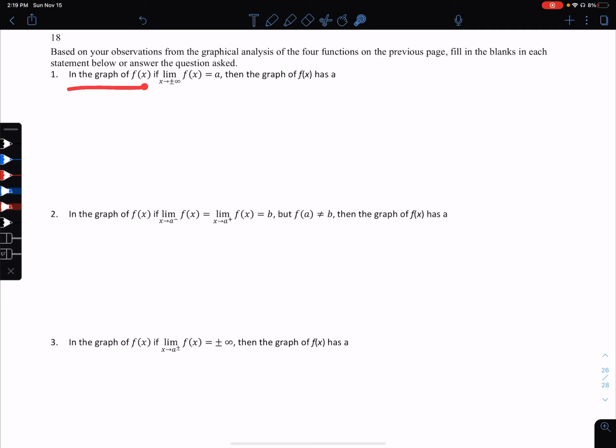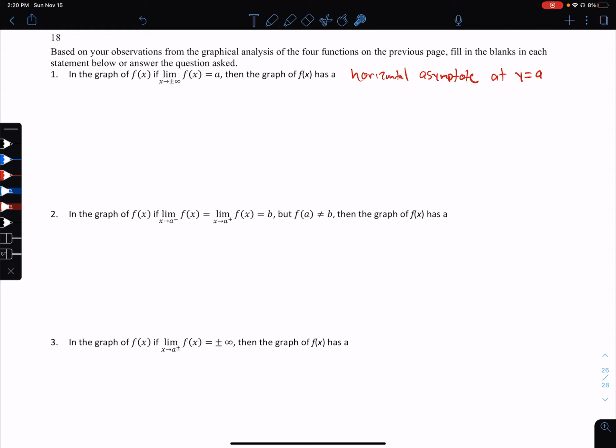In the graph of a function, if the limit of that function as x approaches infinity or negative infinity, one or the other, doesn't have to be both, is equal to a number, a, then the graph f of x has a horizontal asymptote specifically at y equals a. This is a fact. If you look at the examples that we've done, you will see that that's consistent with this fact.